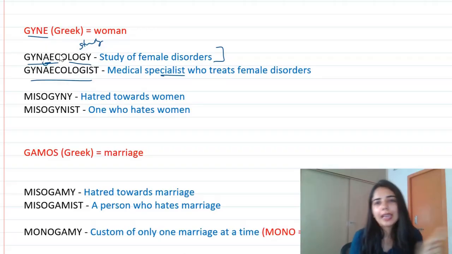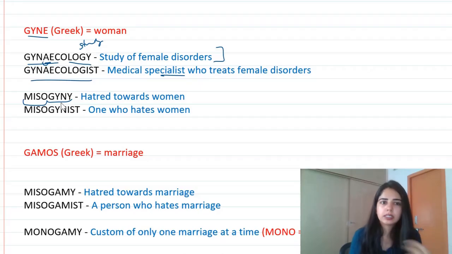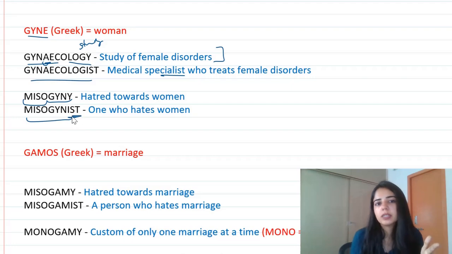We read about the root word miso, which means to hate, and we also read gynae. Now if we add miso with gynae, misogyny, the pronunciation changes a little bit. Misogyny means hatred towards women, and misogynist means a specialist in doing that, so someone who hates women. Now why would someone hate women? Maybe that person again may not have had good experience with females.